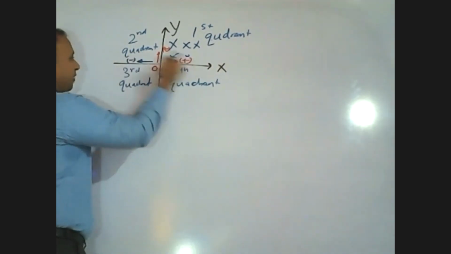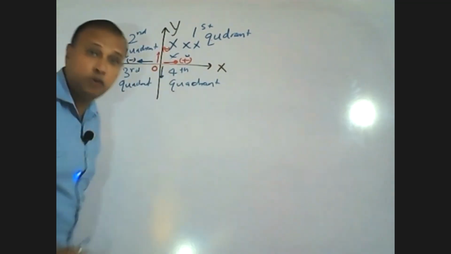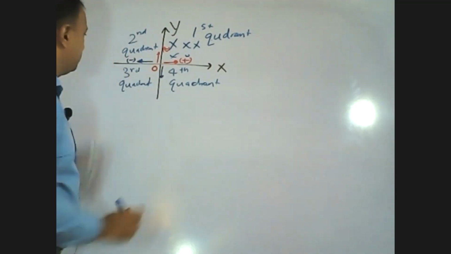The left hand side of the x-axis and the downward direction of the y-axis with respect to the origin are negative.